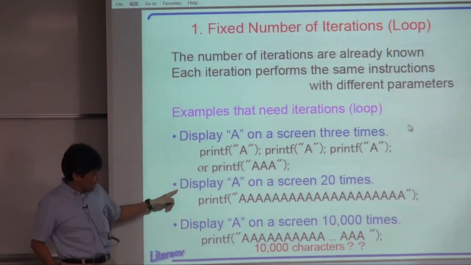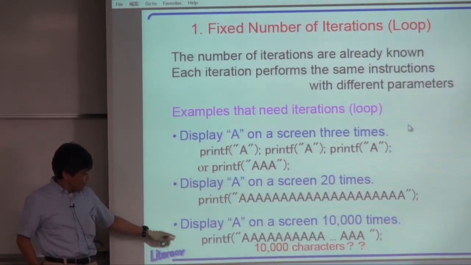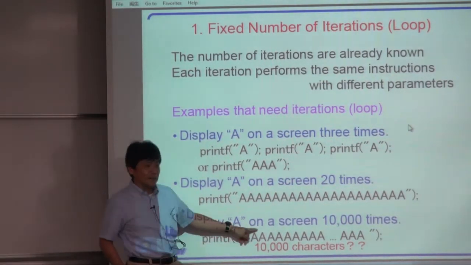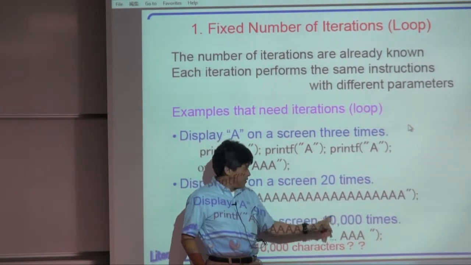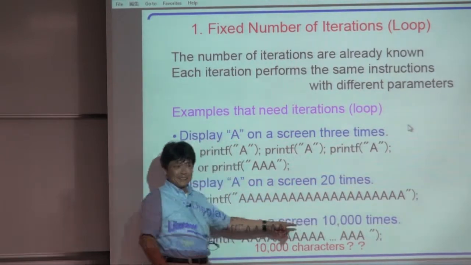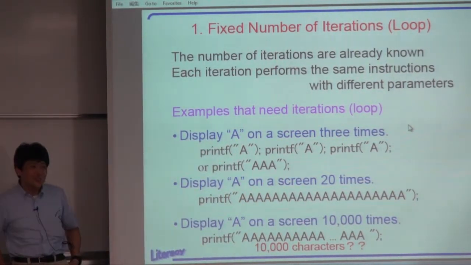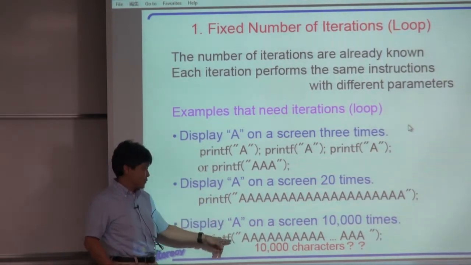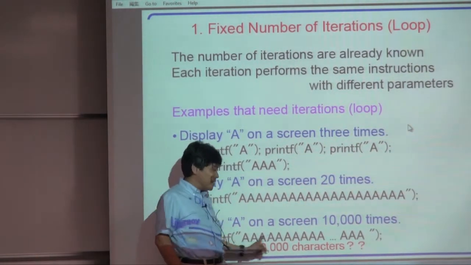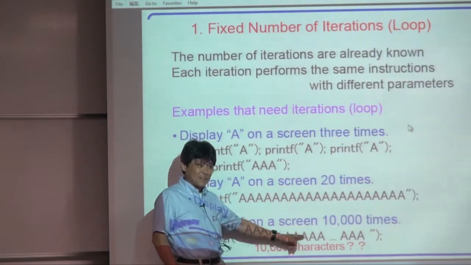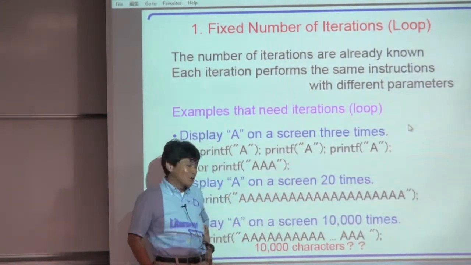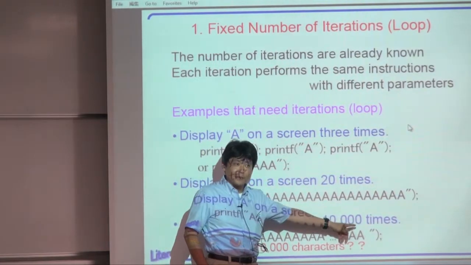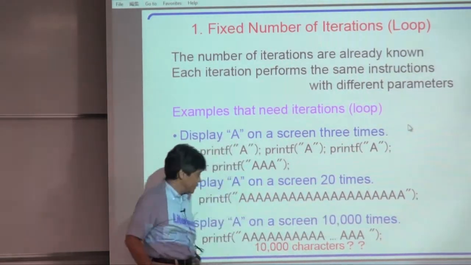However, in this final case, if you want to print out the A character 10,000 times, of course you can use one printf function and specify the A characters like this to print out the A character 10,000 times.